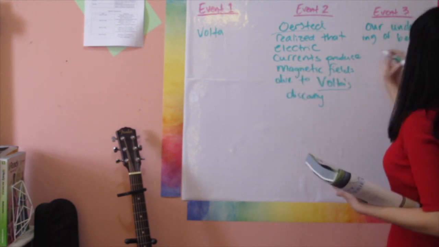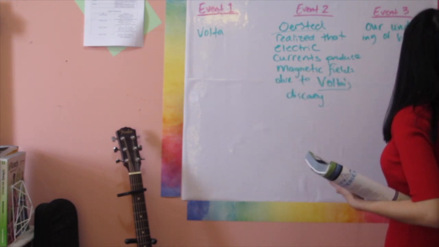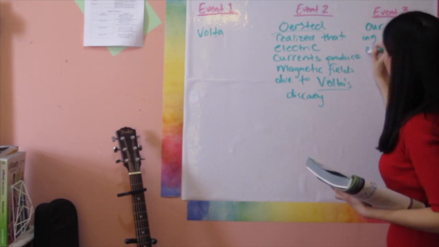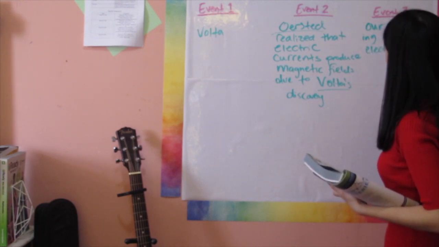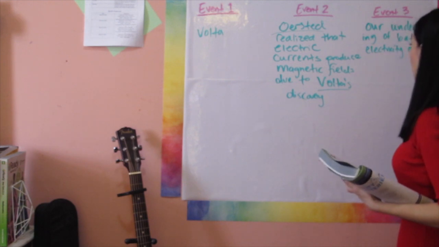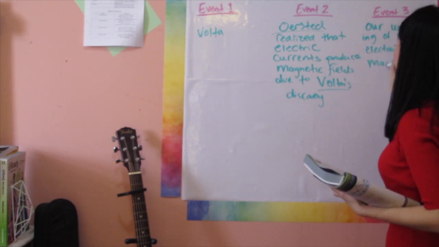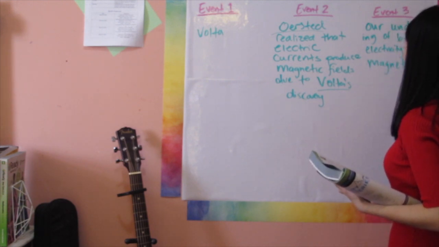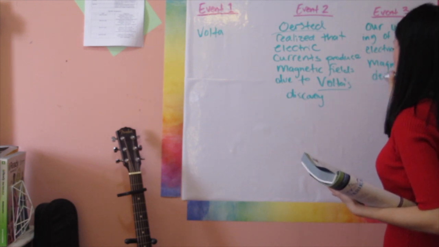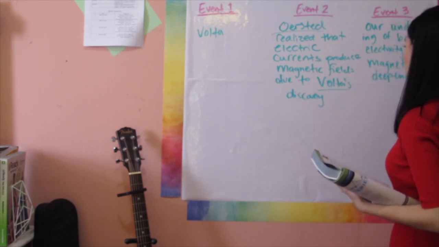Volta. Of batteries, electricity, and magnetism deepens, which just means that we all understand it now.